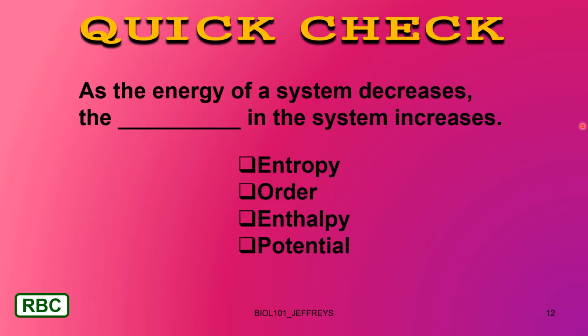So as the energy of a system decreases, what in the system increases, right? Remember, potential energy is maximum order. We call that, by the way, enthalpy. So if you answered entropy, then you are correct. So as the system becomes more random, as energy is released from the system, things become more random, entropy increases.